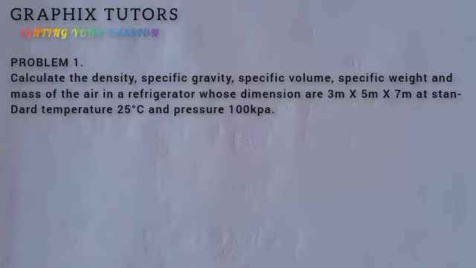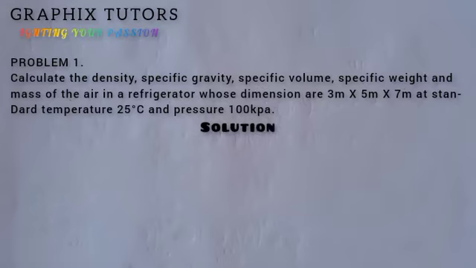It says calculate the density, specific gravity, specific volume, specific weight, and mass of the air in a refrigerator whose dimensions are 3 meter by 5 meter by 7 meter at a standard temperature of 25 degrees Celsius and pressure of 100 kilopascal.